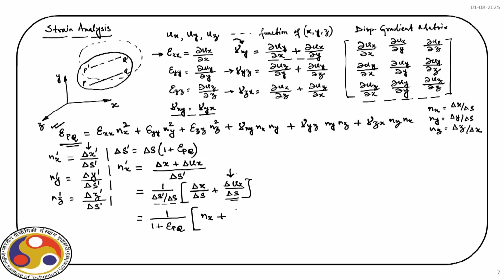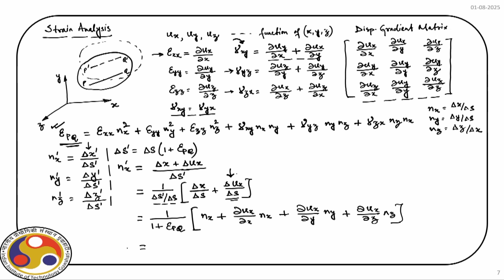We know the expression, so we can easily write it down. This is again the expression we derived in the last class.